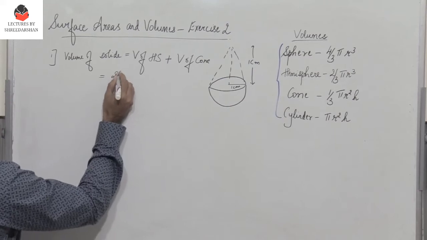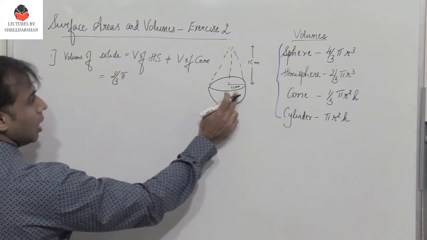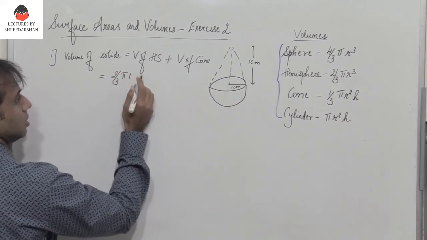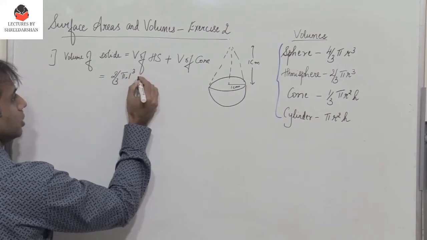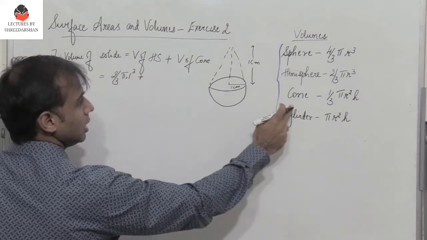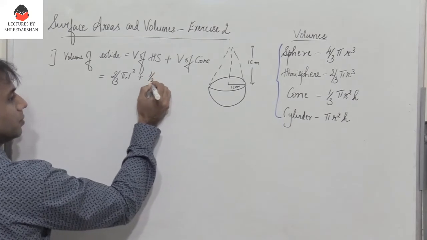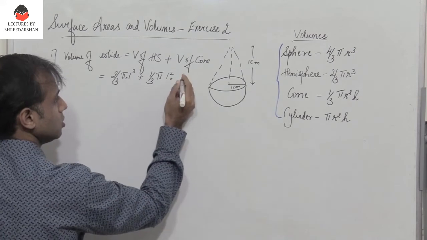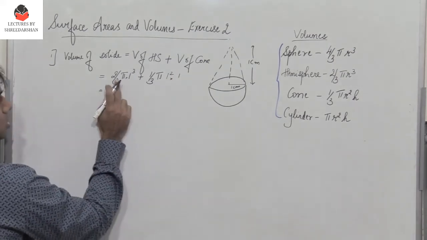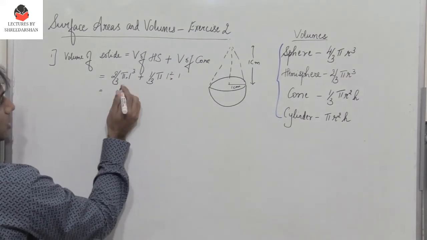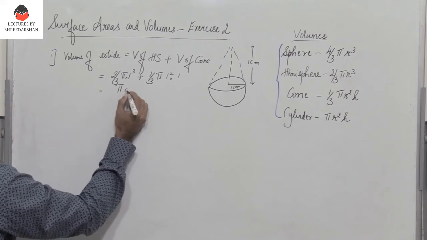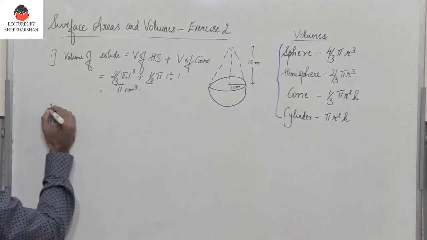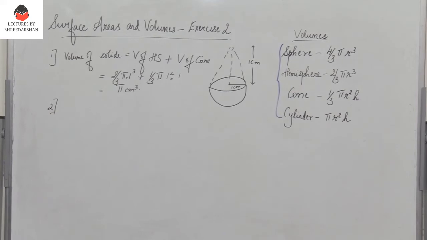It is 2 by 3 pi, r is 1, into 1 cube, plus the volume of the cone, which is 1 by 3 pi, r is 1 square, into height also 1. So we get 2 by 3 pi plus 1 by 3 pi, which is pi centimeter cube. A very simple problem. So let's move on with the second one.